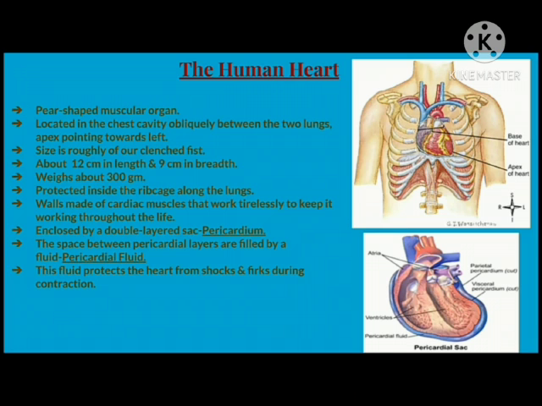The space between the pericardium is called the pericardial cavity, and it is filled with a fluid called pericardial fluid. This fluid protects the heart from shocks and jerks during contraction, keeps the tissues of the heart moist for proper functioning, and acts as a lubricant and reduces friction for the beating of the heart. Right.